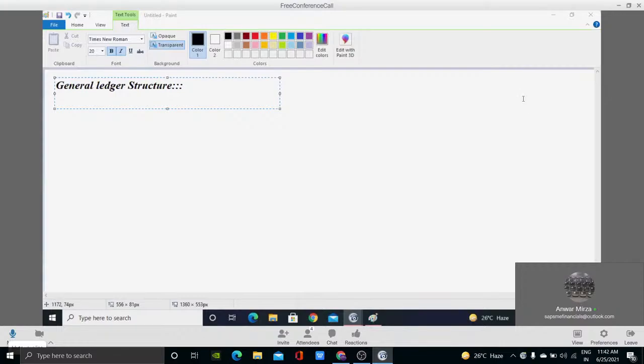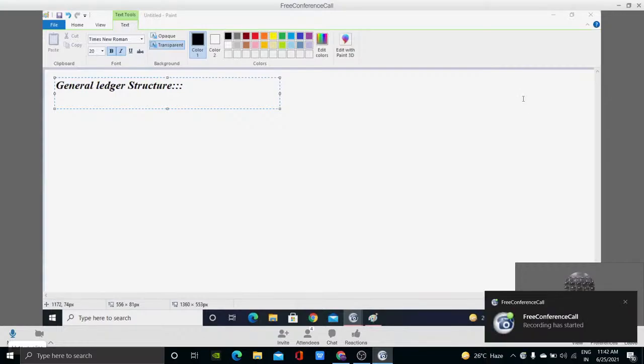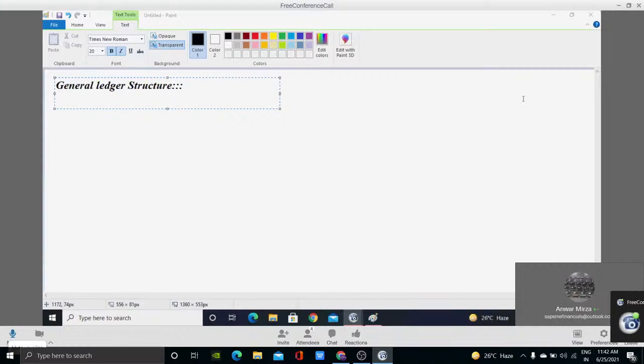The recording has started. Okay, successful completion of enterprise structure. Then this is the second structure, that is general ledger structure, and this also comes under basic configuration or enterprise console. So the first point in general ledger structure is creation of chart of account.